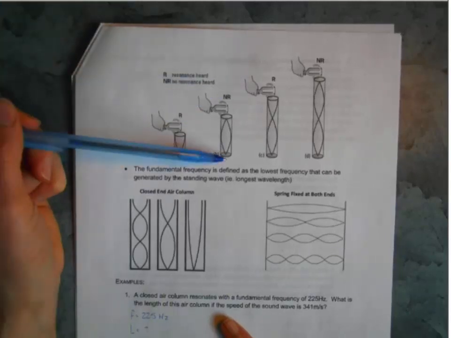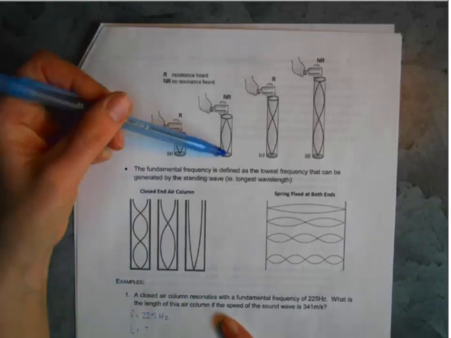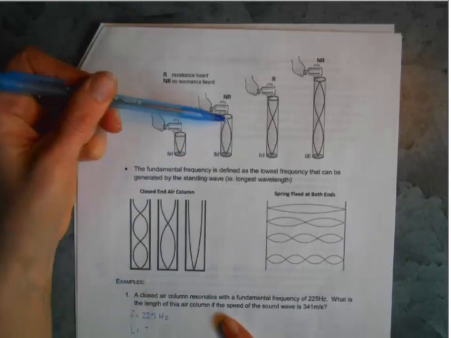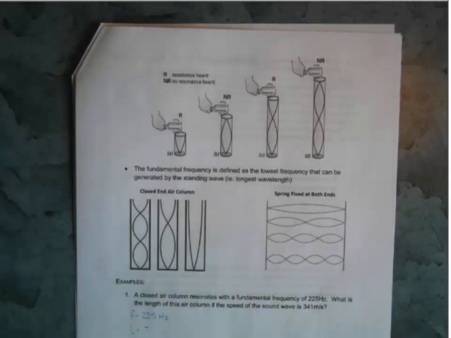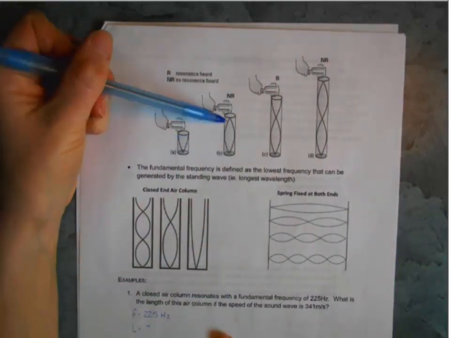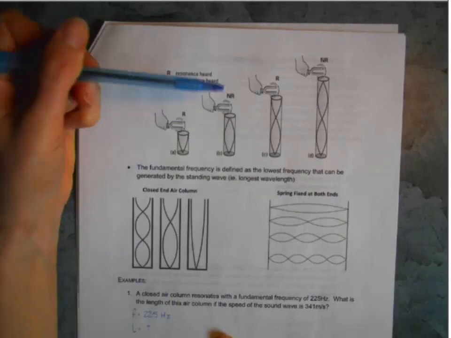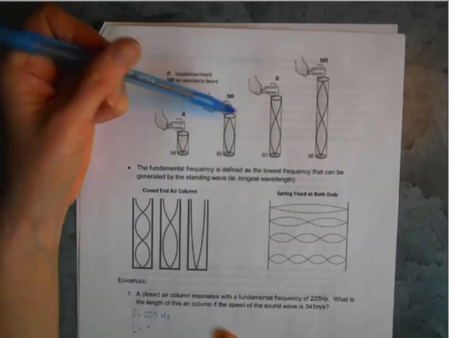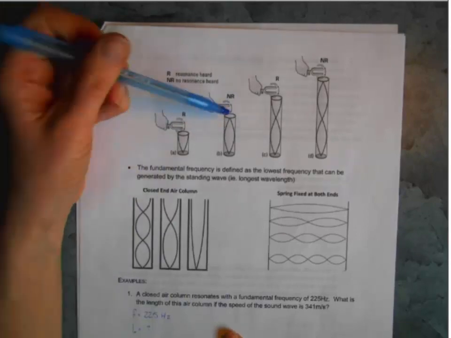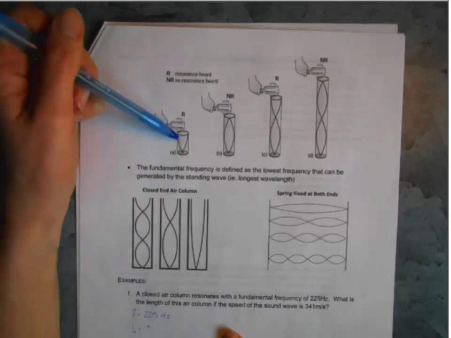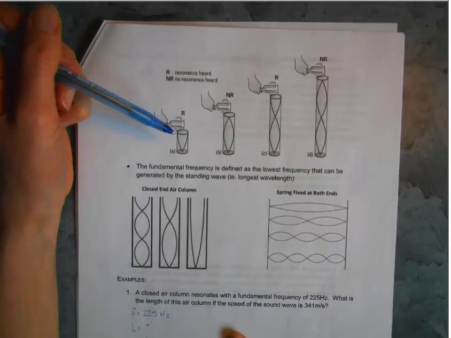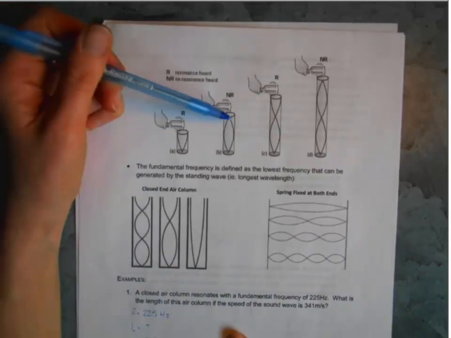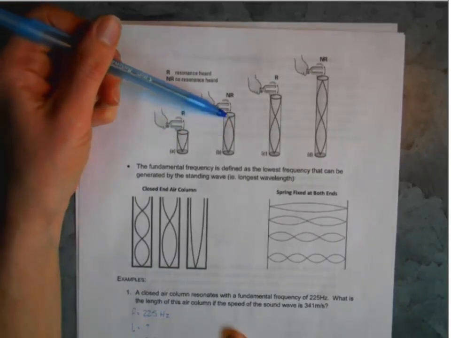If we double the length of the tube and still use the same frequency, now we're going to have a node at the open end, which does not produce any sound. Like we just said, we want the maximum amplitude to produce the loudest sound, and this is the very minimum amplitude.